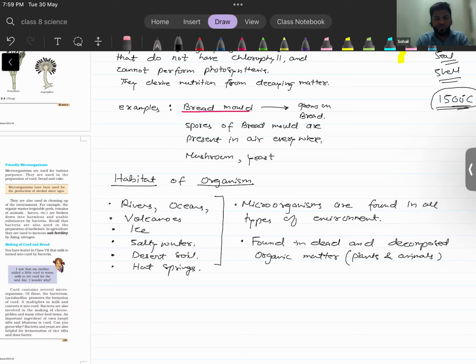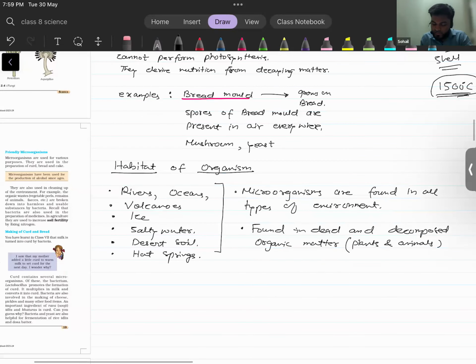There are many different types of disease-causing bacteria and viruses which live in the bodies of humans and certain animals as parasites. So we are done discussing the habitats of microorganisms.